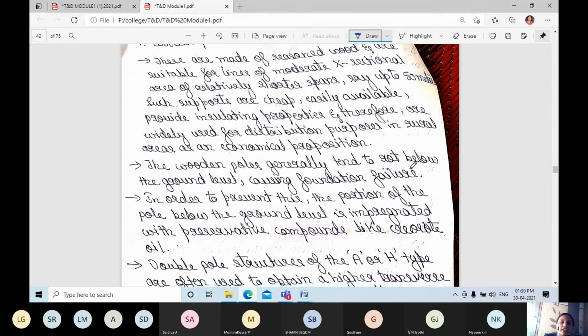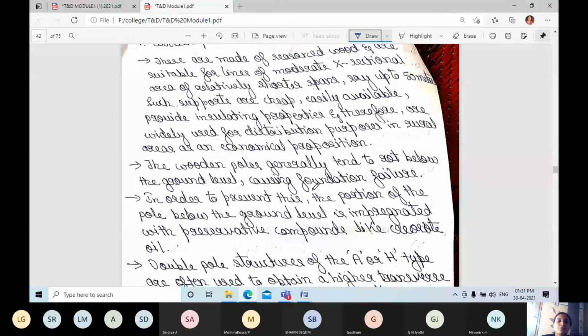In order to prevent that, the portion of the pole below the ground level is impregnated with creosote oil. If we use creosote oil, its life is somewhat increased.